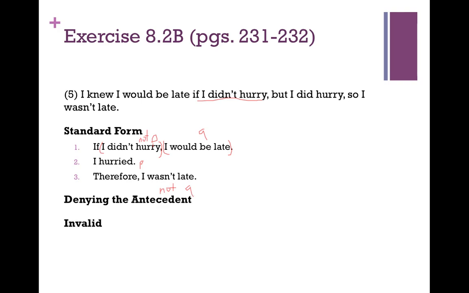And if you recall, this is an invalid way of reasoning. You can't deny the antecedent and establish that the consequent is true. Keep in mind, the antecedent in this hypothetical proposition for premise number 1 is not P. The antecedent is not just P. So if we say P, then we're basically saying not P is false.